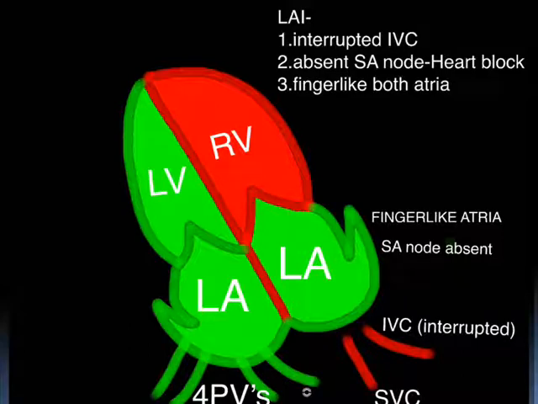This is one of the findings. As the left atrium is finger-like, the right atrium replaced by left atrium is also finger-like. These are two main findings in left atrial isomerism and are very important. The SA node, which is normally present in the right atrium, is absent in left atrial isomerism, so there is a heart block.